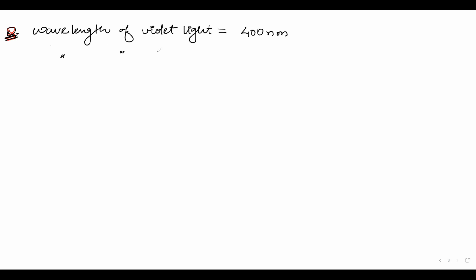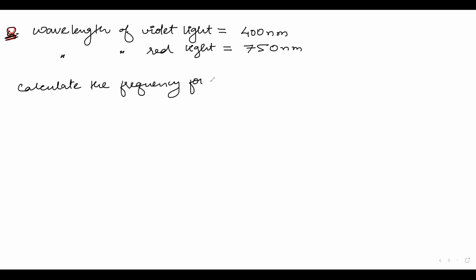And the wavelength of, let us say, red light is equal to 750 nanometers. Okay, you have to calculate the frequency for both. Chaliye, start calculating, then we will move to next concepts.